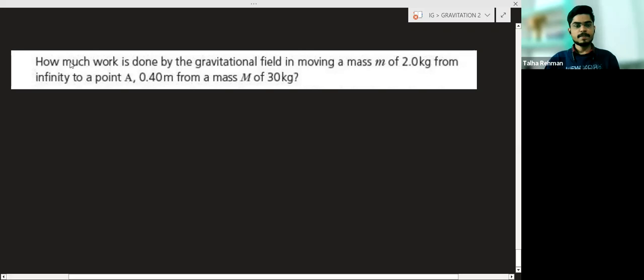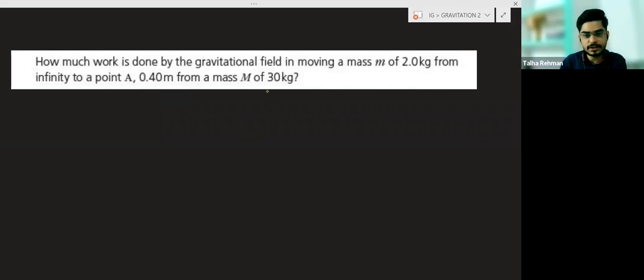So they are asking in this question, how much work is done by the gravitational field in moving a mass m of 2 kg from infinity to point A, and that point A is 0.40 meter from a mass M of 30 kg.